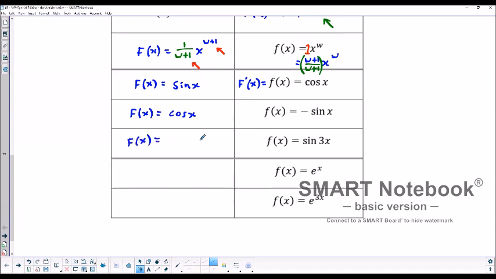When we have sine 3x, this gets a little tricky. We have a positive sine 3x. When we differentiate, we know we're going to have a cosine 3x. The derivative of cosine 3x will give us negative sine 3x, so we have to make sure that we have a negative in front to make this positive.